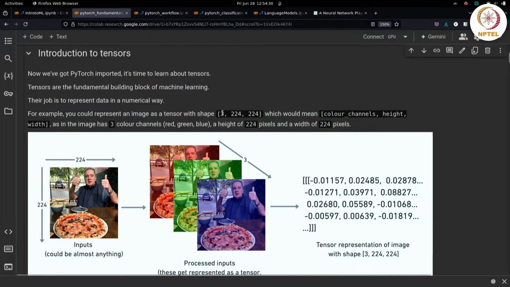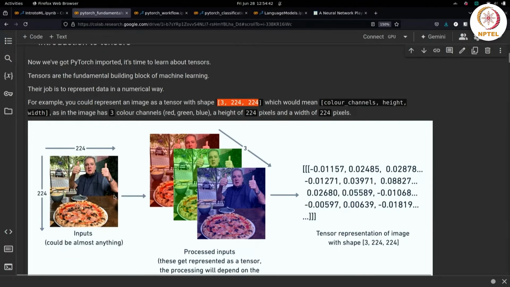Now if that was grayscale, that is good, but if it is a color image, then there would be RGB, 3 channels in this case, and so there would be 224 by 224 and 3 such matrices, right? Using this tensor, I can represent a color image, and underlying, each of these values would be some real valued number.